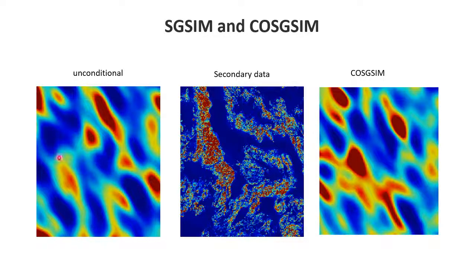This is unconditional Gaussian simulation, and you see that it's smooth, right? Because our primary variable is smooth, but it's not controlled by these mountains here. So when I do co-simulation, I see, of course, this mountain appearing here, and the valley as well, and so I get much more accuracy in my predictions.